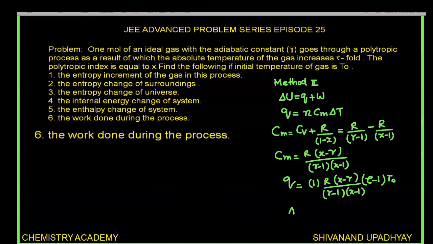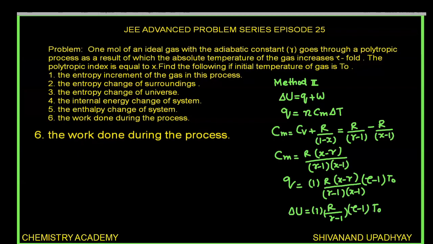We have already calculated the change in internal energy, which can be written as n into Cv, where n is equal to 1, and Cv is equal to R upon gamma minus 1, into the temperature change, that is tau minus 1 into T naught.